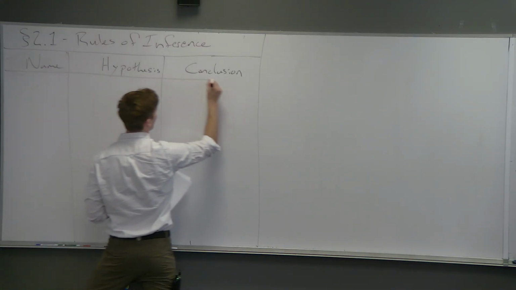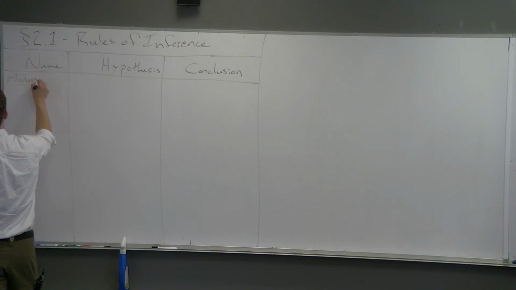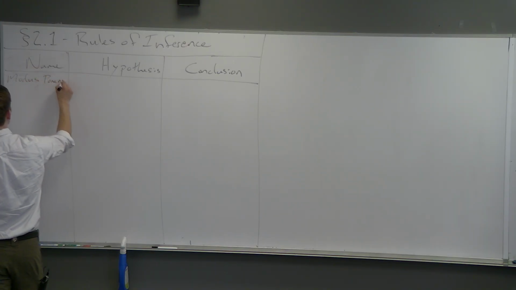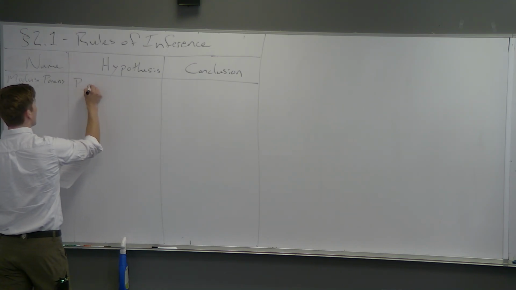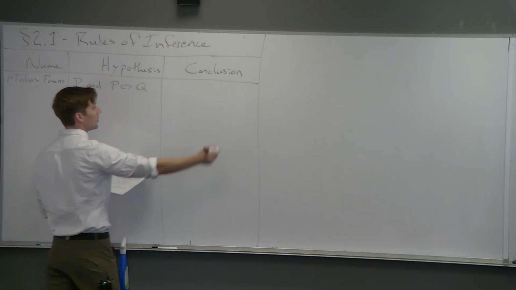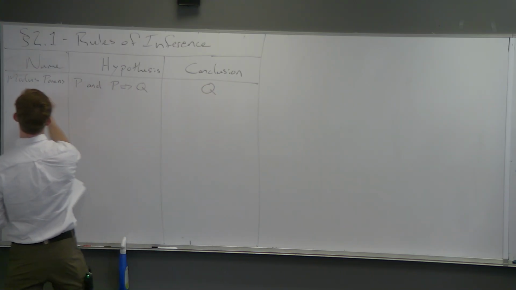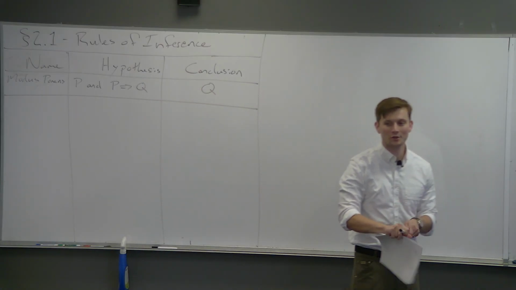Okay, so we had a whole bunch of different ones of these. First off, we had modus ponens, an interesting name. This had P, and P implies Q, and our conclusion from that was Q. So if you want to remember how all this worked, we'll use this first one as a good example.